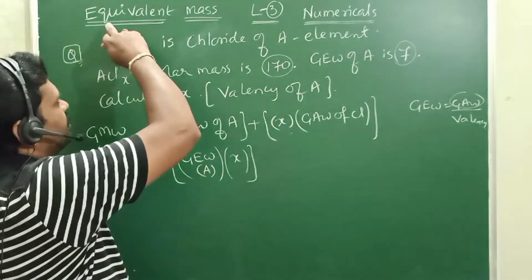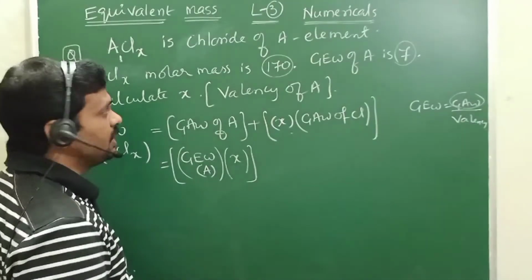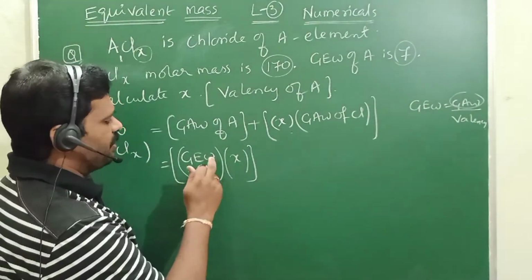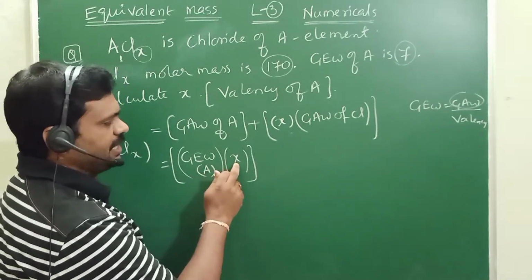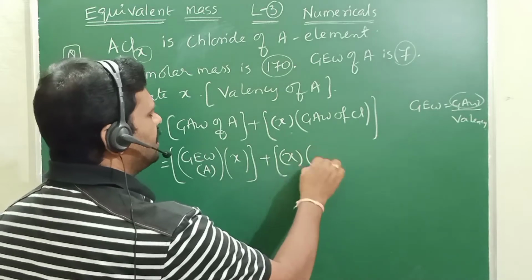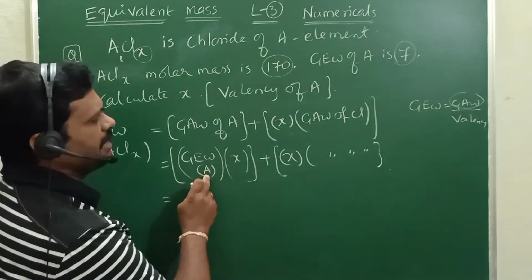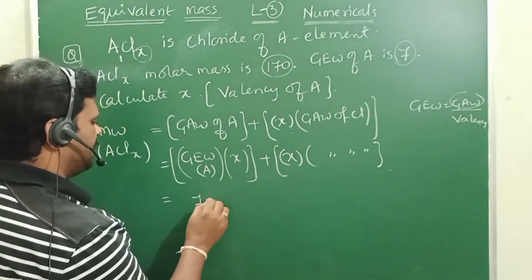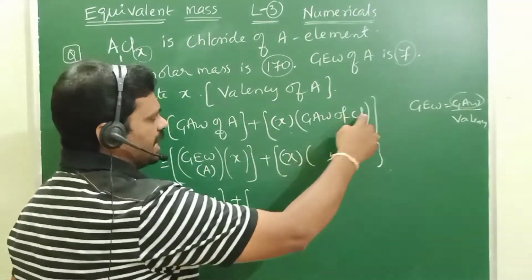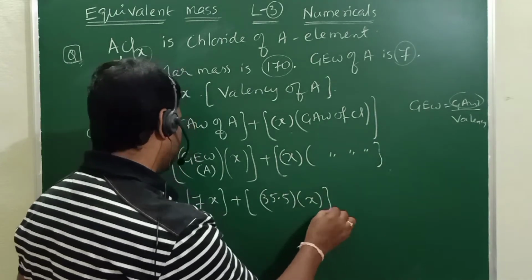So X is nothing but the valency of that A. So gram equivalent weight of capital A into X, where X is the valency factor, plus X times gram atomic weight of chlorine. Gram equivalent weight of capital A is given as 7, so 7 times X, 7X, plus X times gram atomic weight of chlorine, which is 35.5.